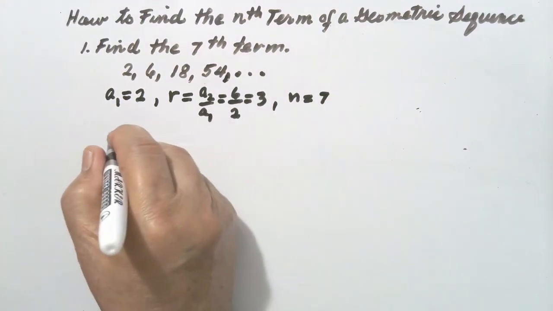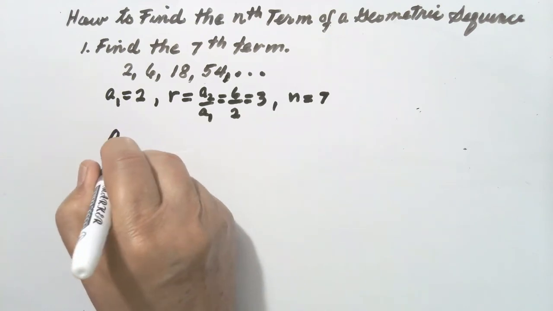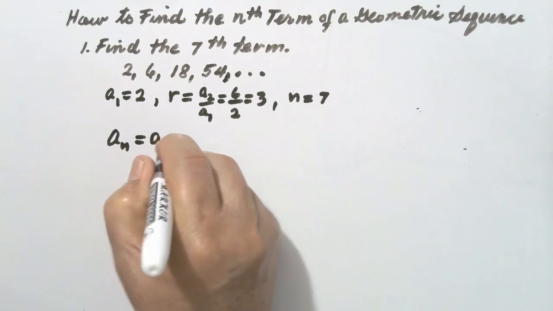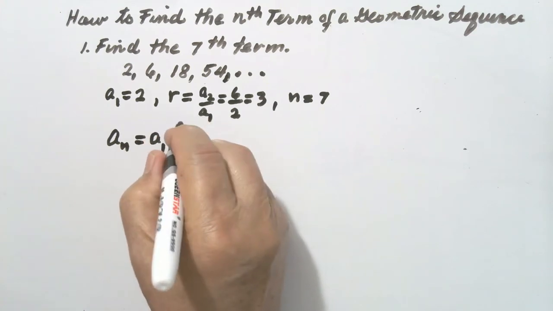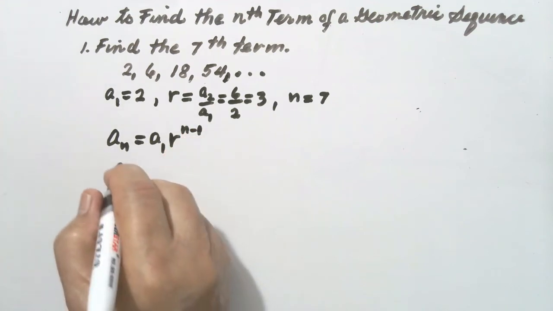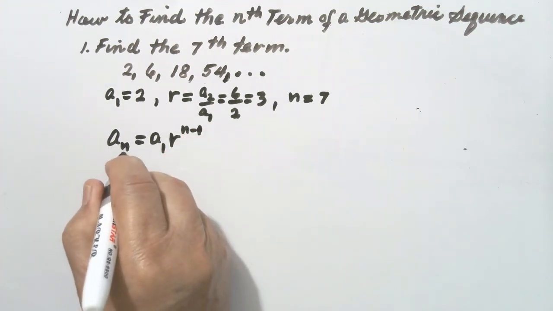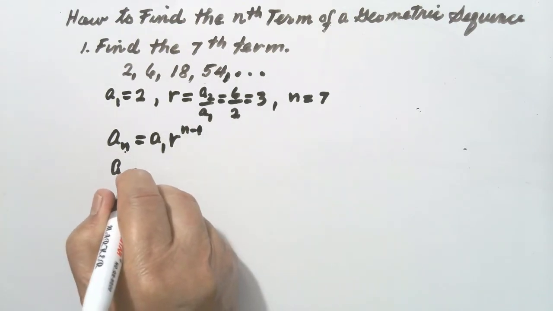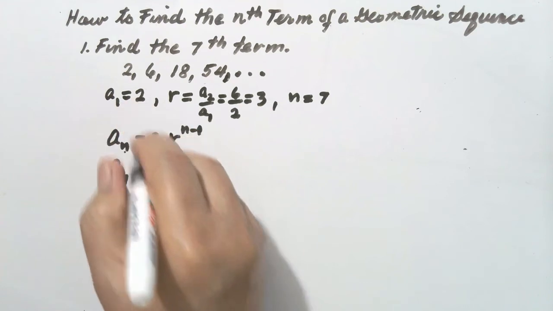The formula is a sub n is equal to a sub 1 times r raised to n minus 1. So n is 7, so a sub 7 is equal to a sub 1, which is 2.